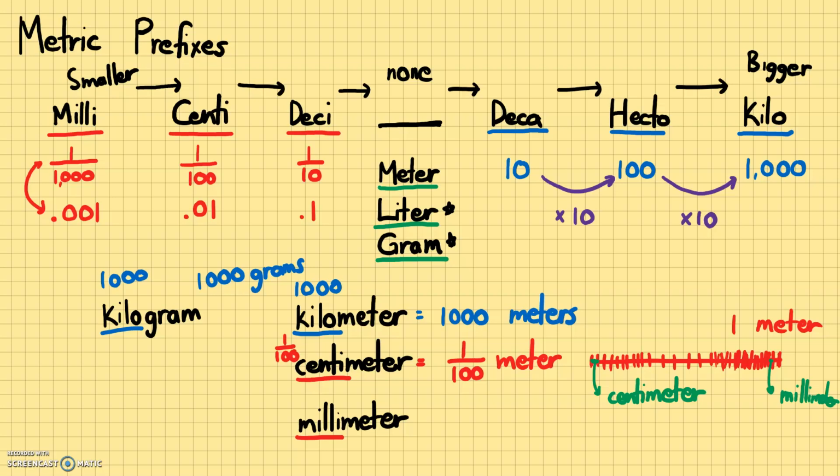Okay, and then the same thing is true for the smaller ones. It's a little harder to see with the fractions and decimals here, but it's the same concept. Centi is 10 times bigger than milli. And if you don't believe me, you can try multiplying 1 over 1,000 by 10.